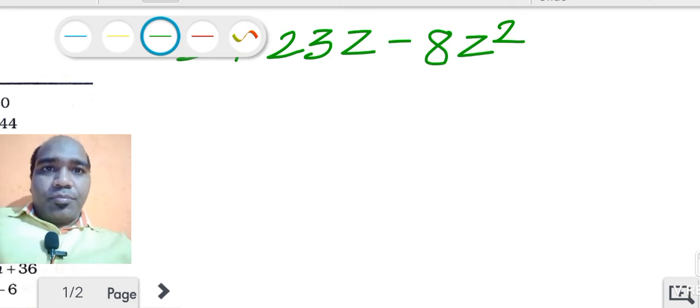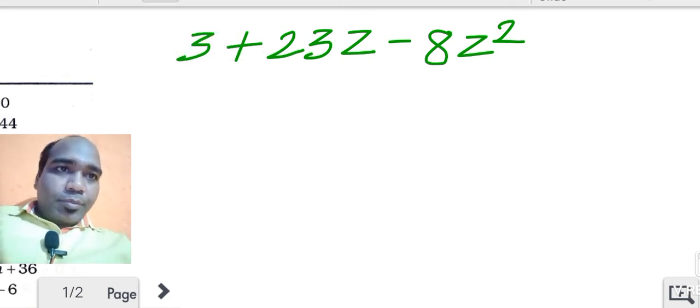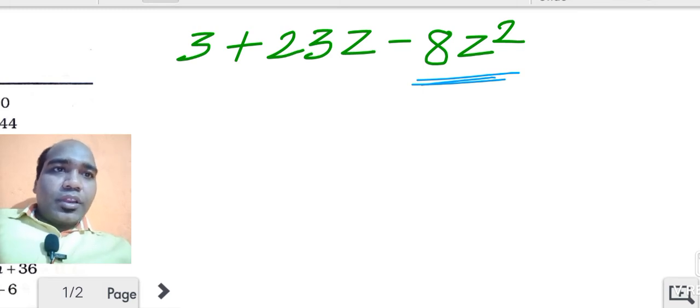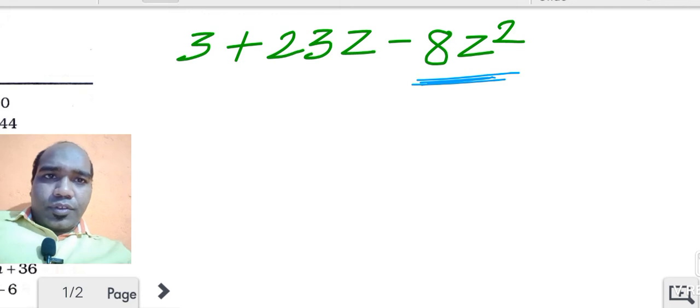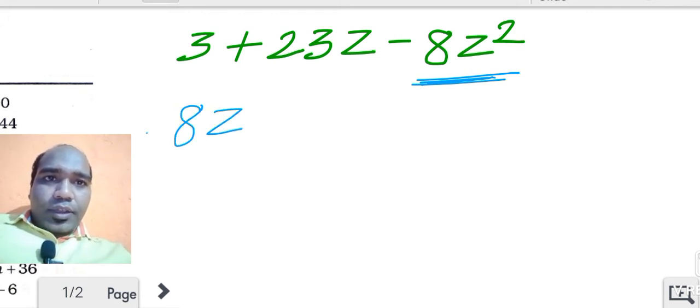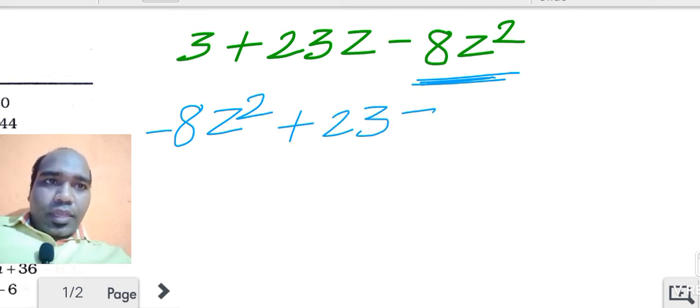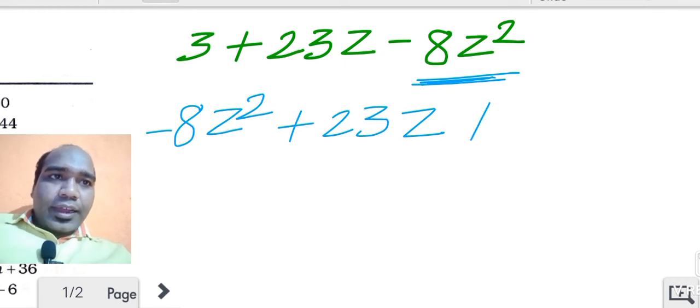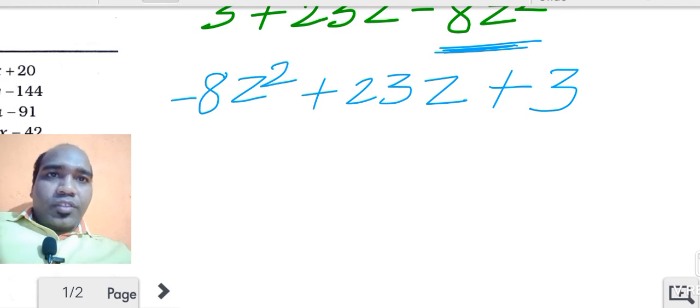First of all, let us arrange. The square part we should take first. So we'll write this as minus 8z square, then plus 23z, and the constant part at last, plus 3.